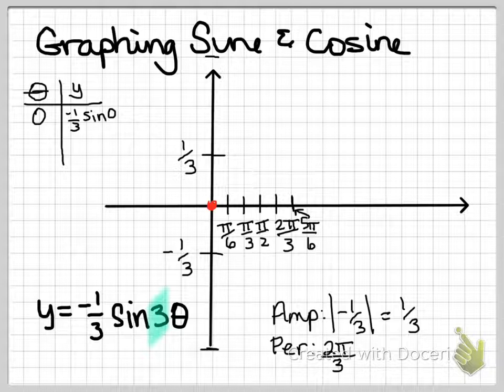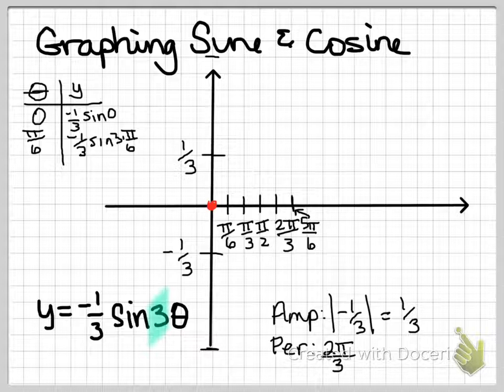Now the next one I'm going to put on there is pi over 6. Negative 1/3 times the sine of 3 times pi over 6. 3 times pi over 6 is 3 pi over 6, or pi over 2.